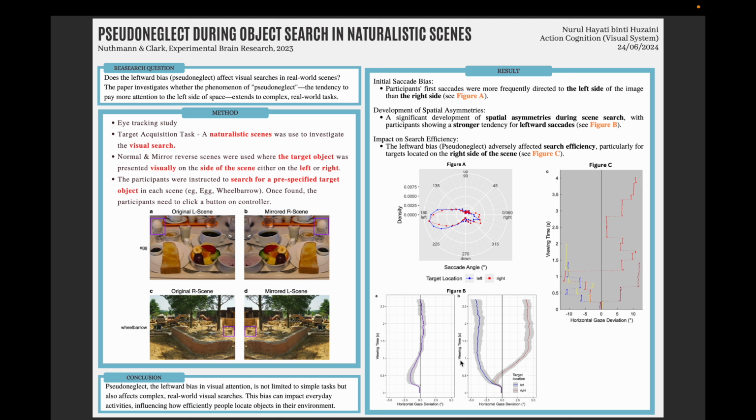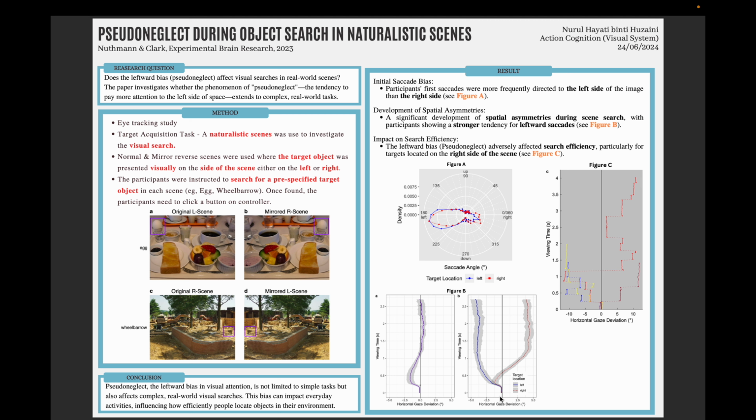As the search task progressed, a significant development of spatial asymmetry was observed. Participants exhibit a stronger tendency for leftward saccades throughout the search process. As you can see here in figure B, on the left panel, as the eyes prepare the first saccade away from the center, an initial leftward bias developed, which lasted the first second of the scene exploration.